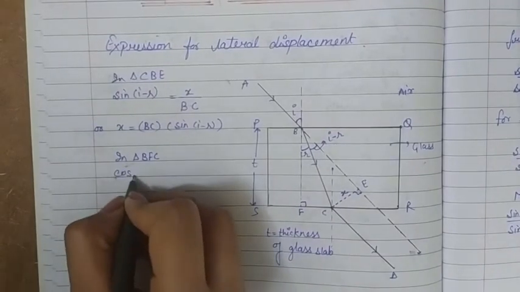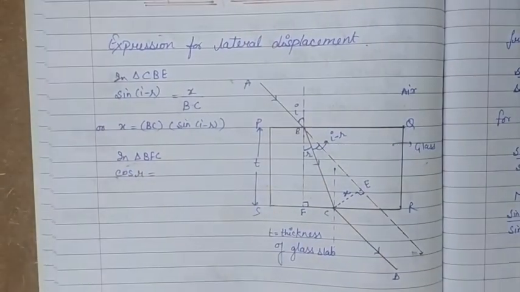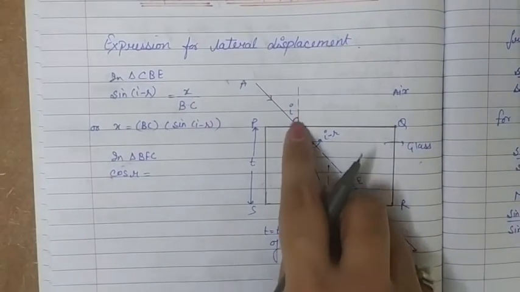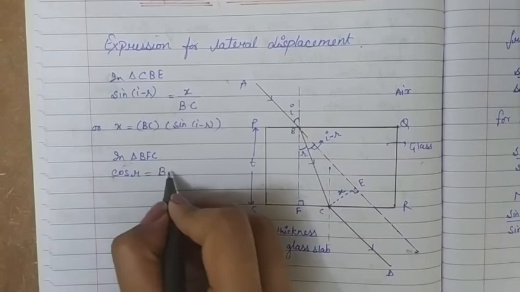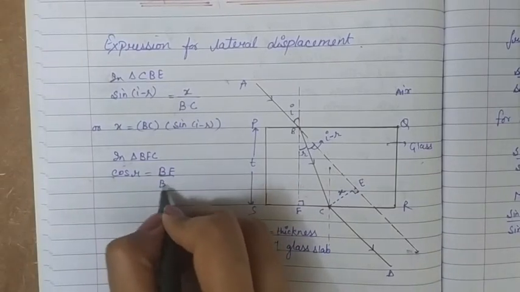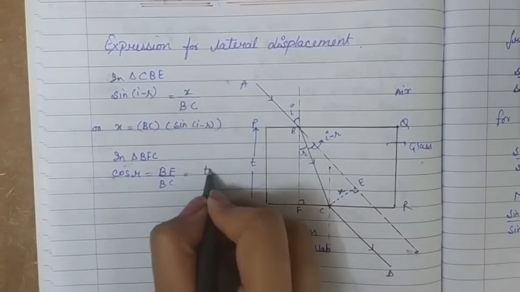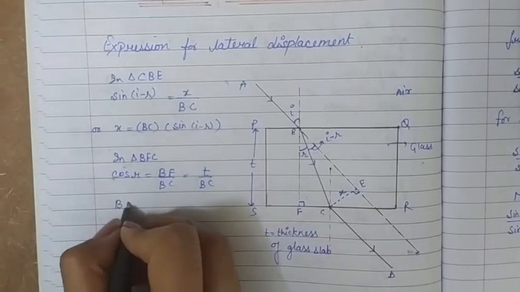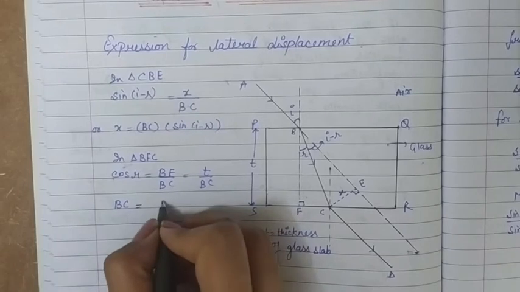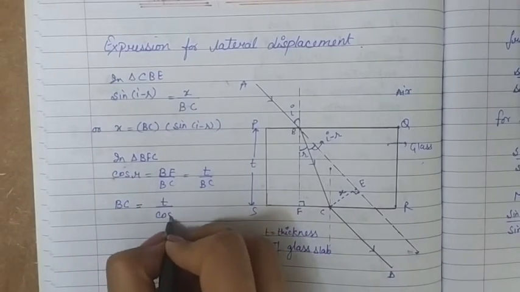Then cos r is equal to base upon hypotenuse. For this angle r, base is BF and hypotenuse is BC. So the value of cos r is BF upon BC, and it is equal to T upon BC. On rearranging we get BC is equal to T upon cos r.